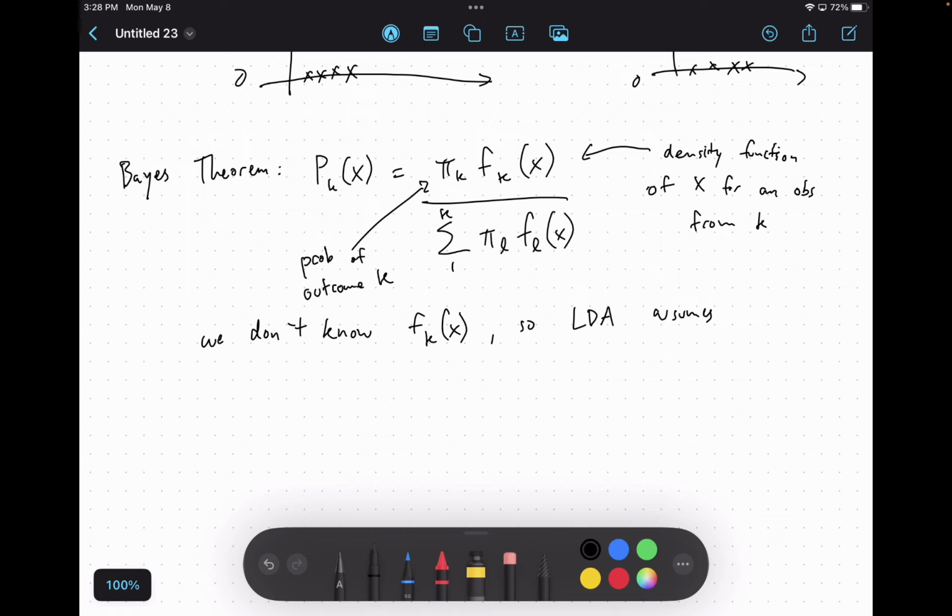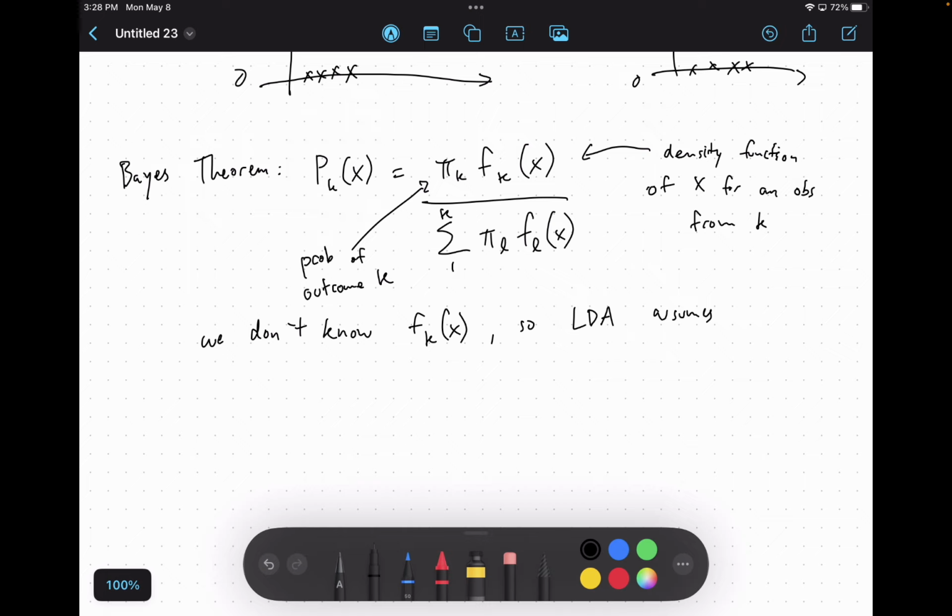So the probability that I have a G-rated movie, PG-rated movie, and so on, and this is the density function, or kind of the distribution of your explanatory variable given a specific outcome.